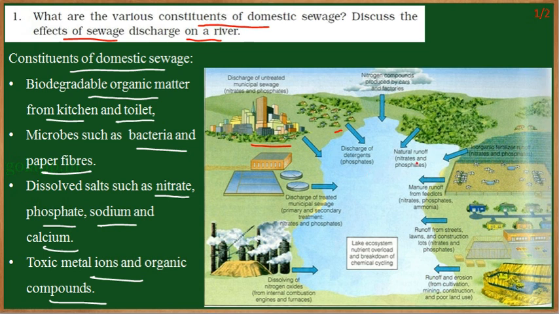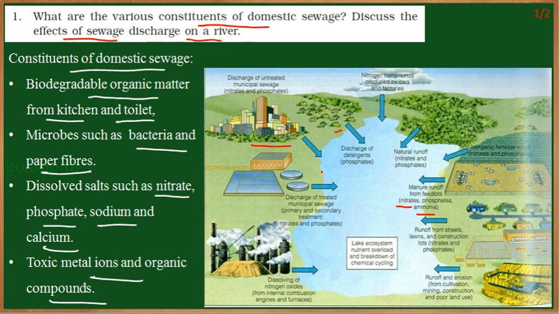From the agricultural field, the nitrates and phosphate from the fertilizers are entering into the water. From the farm, the manure runoff, that is nitrate, phosphate and ammonia, is entering into the water. The discharge of treated municipal waste also enters into the water.